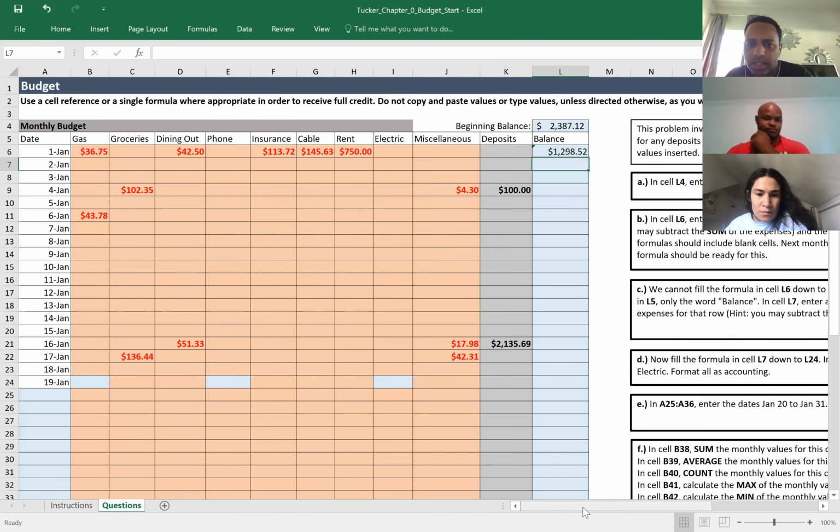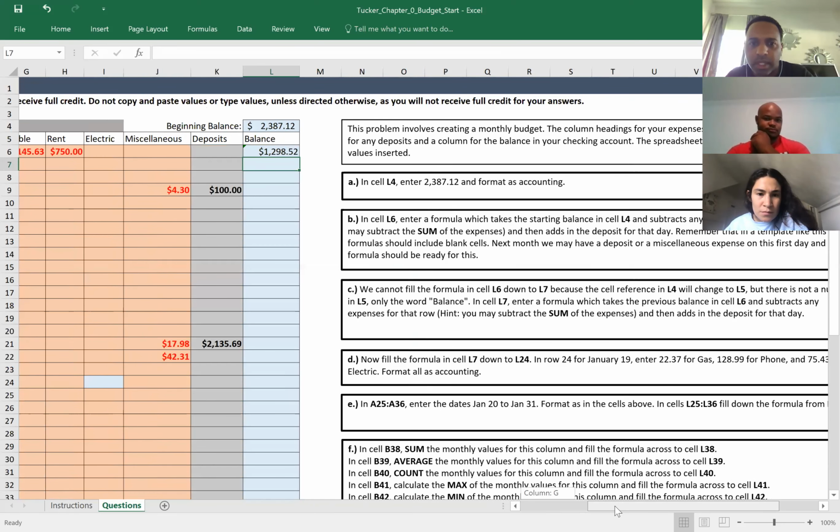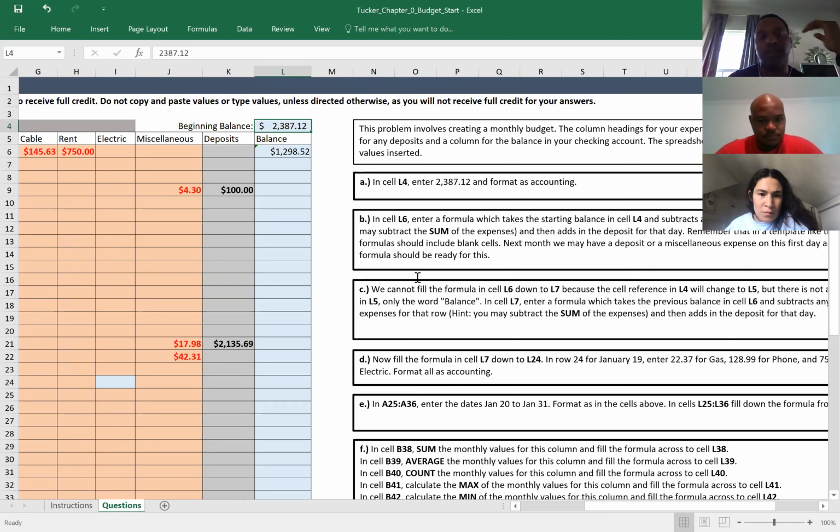Okay, let's look at C. We cannot fill the formula. What they didn't want was for you to calculate it on the calculator and then just type in the answer. They want you to get used to using Excel. So certain things they told you to type in, like the first one, they said type in the balance in L4. But for the most part, they want you to figure out how you can use Excel to your benefit.